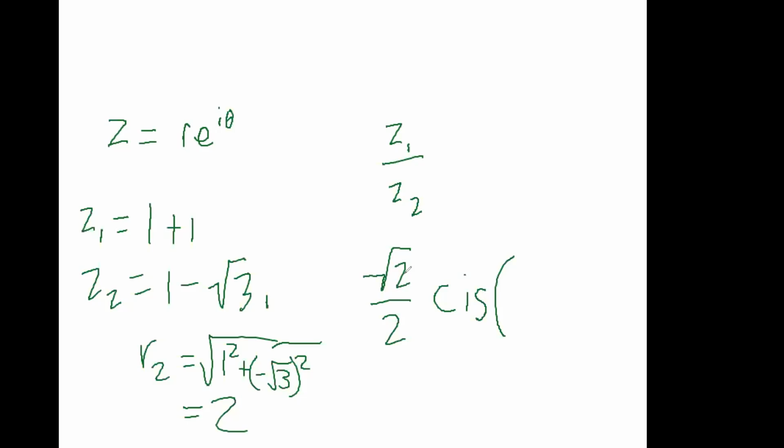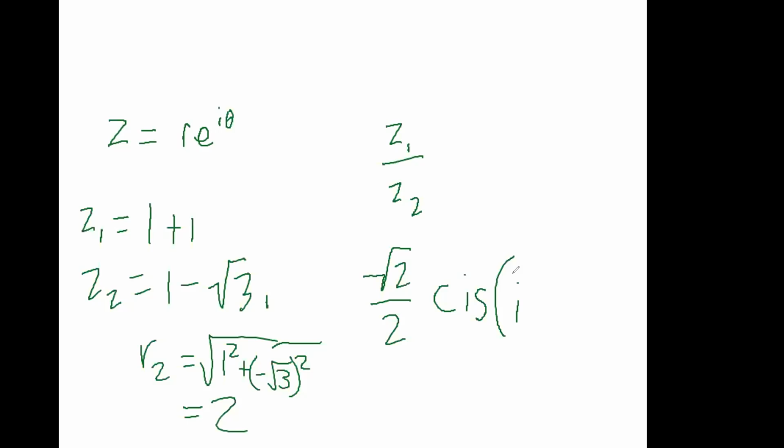And then you're supposed to find theta 1 minus theta 2 for this one. So theta 1 is I, right? Yes. Okay. And then it would be minus root 3 I, or it would be 1. Theta is tan inverse.